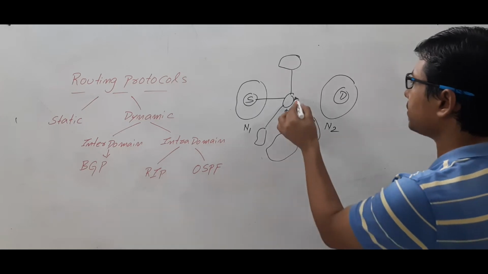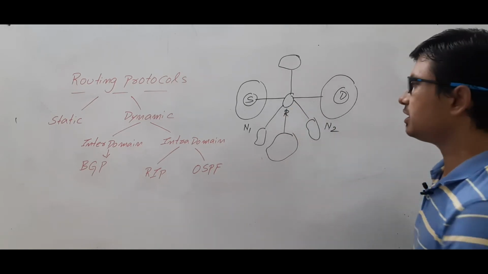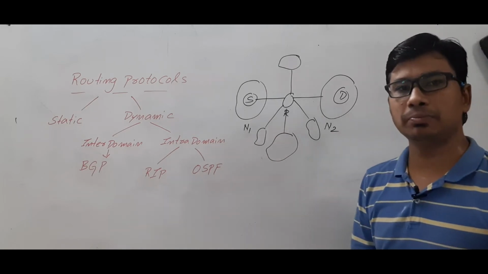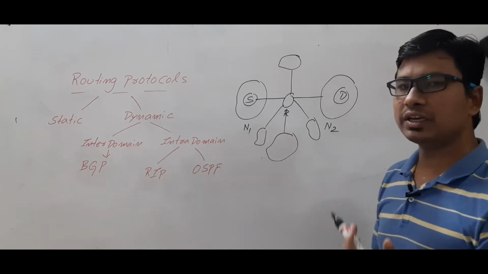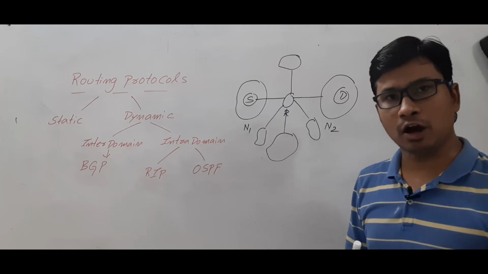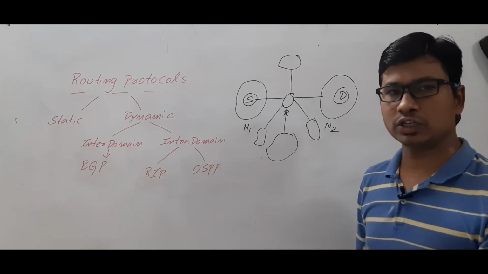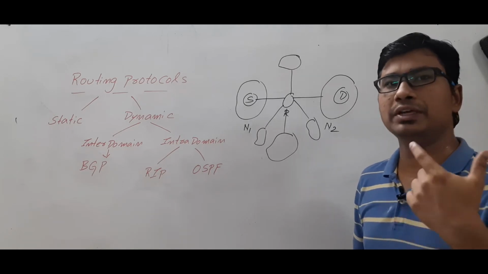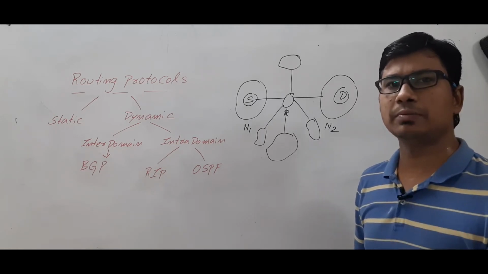Now this router has to identify the optimal path from source to destination. Am I right? Now how can it identify the optimal path? The optimal path can be the shortest routing path, or it can be based on the traffic or the delay. All these parameters we can consider.